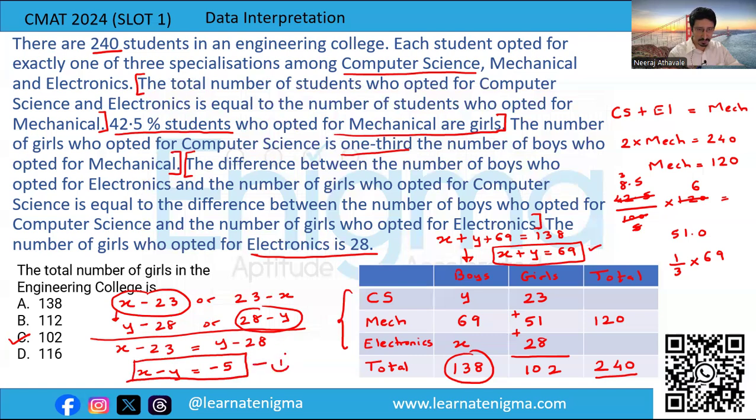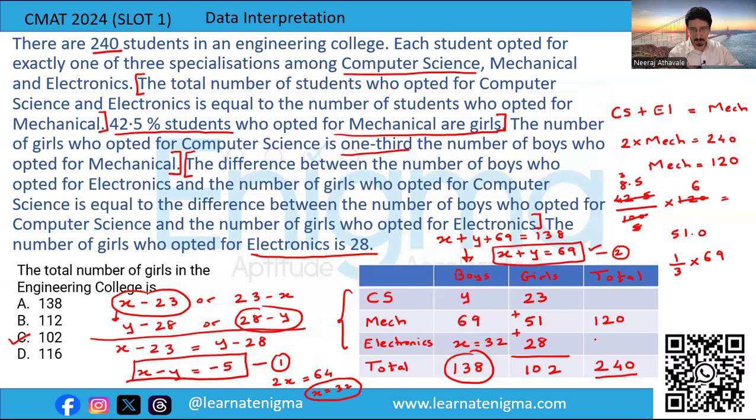Now, if you add this equation with the other equation, minus y plus y will get cancelled out. You get 2x equal to 64. Therefore, x equal to 32.